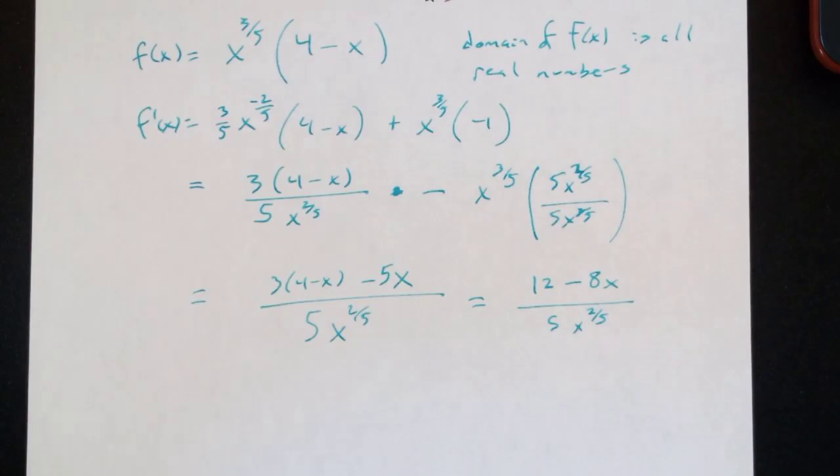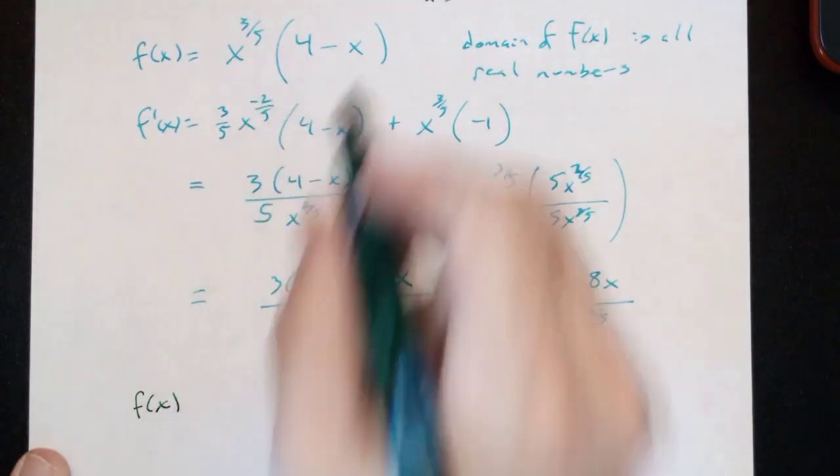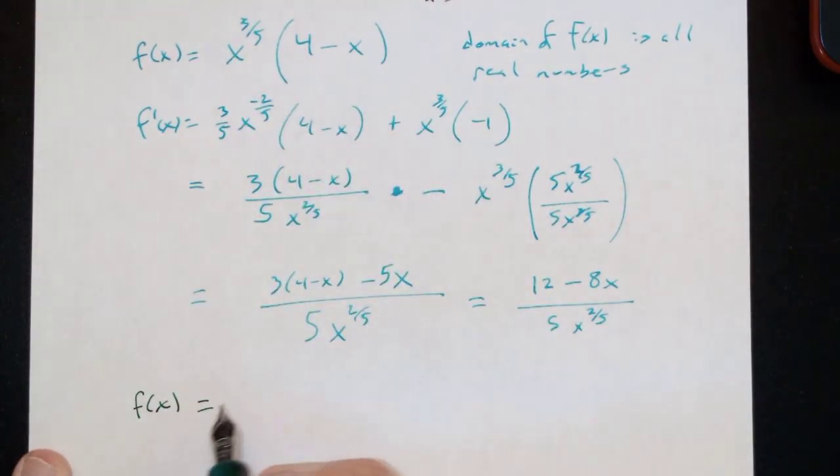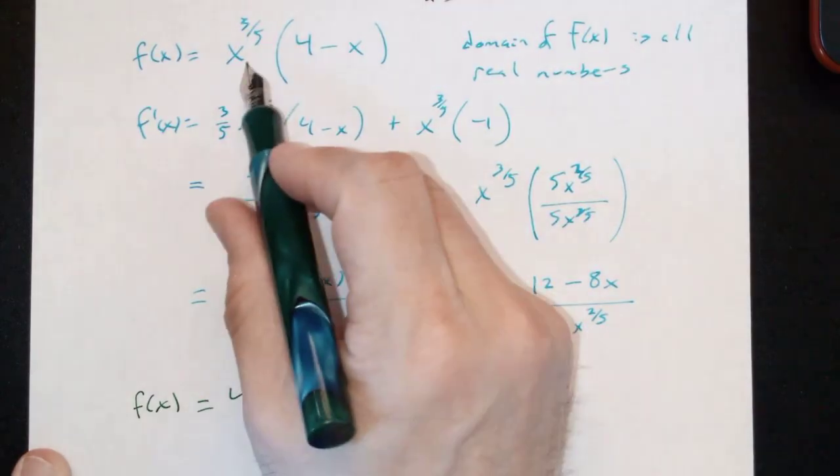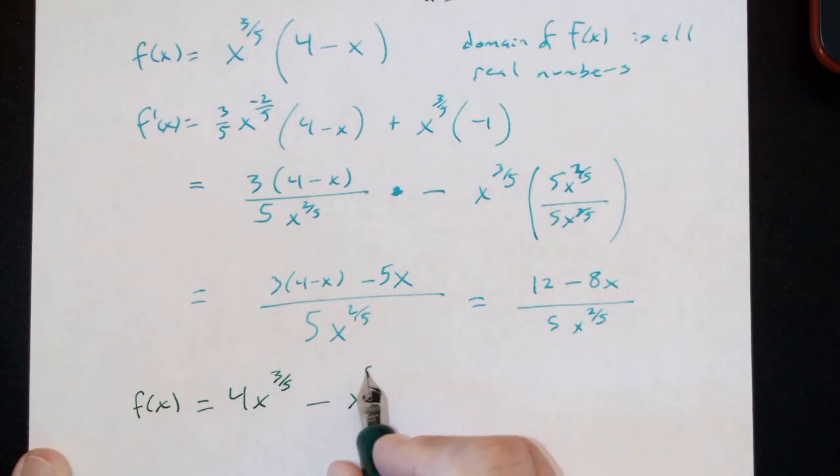Now, this is not the only way to do this problem, because I took the derivative in my notes a different way. If I go back up here to f of x, I can multiply this out. And I can write 4x to the 3/5 minus x to the 8/5.